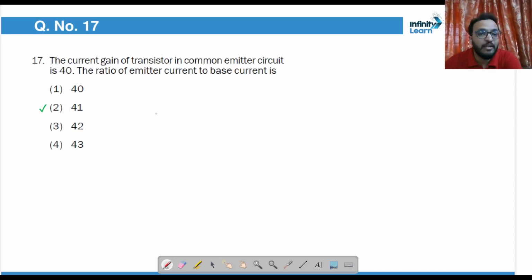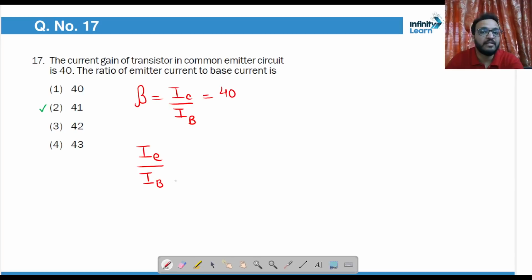Now, the current gain of a transistor in common emitter circuit is, what is current gain? Beta. That is IC upon IB, collector current upon base current. This is 40. The ratio of emitter current to base current is, okay. See how we can do that.